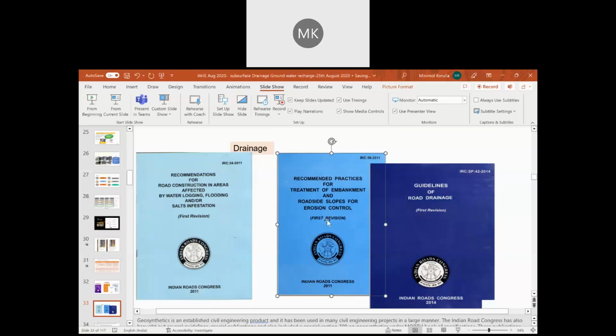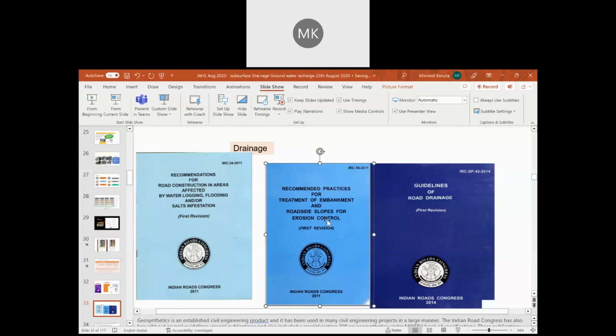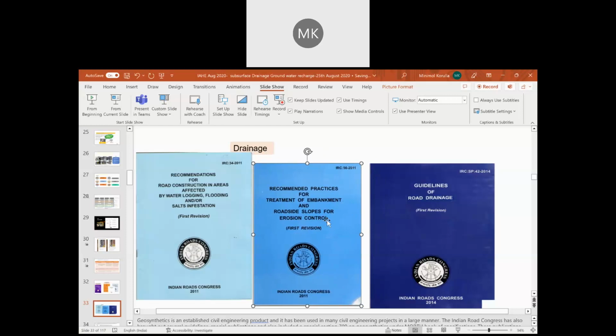So the subbase thickness, say it is 200 mm, and the overall pavement thickness is 630 mm, and if I'm replacing it with a drainage geocomposite, and the drainage geocomposite is in millimeters or microns. So from the 630, it will reduce to almost 430, or say 425.